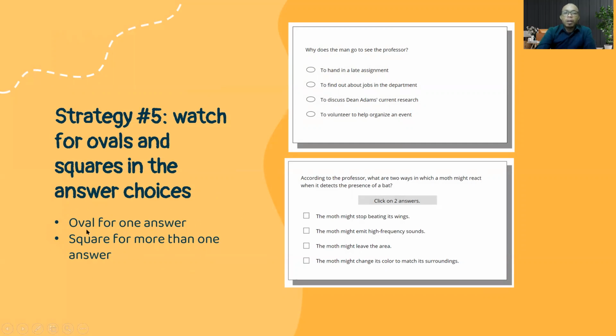If you see the options with ovals like this, it means you only need to choose one answer. But if you see squares like this, don't forget that you will need to choose more than one. Okay, and make sure you match it with the direction. Sometimes it's more than 2. All right.